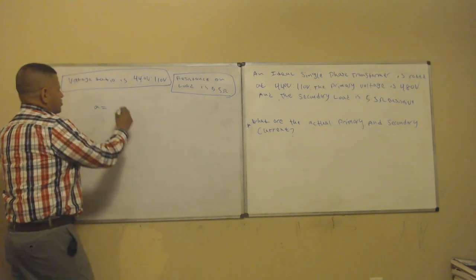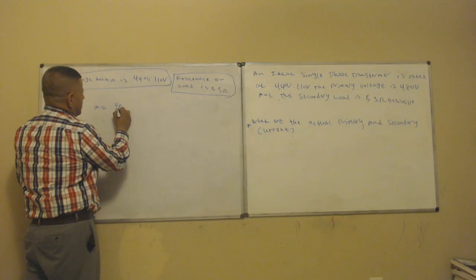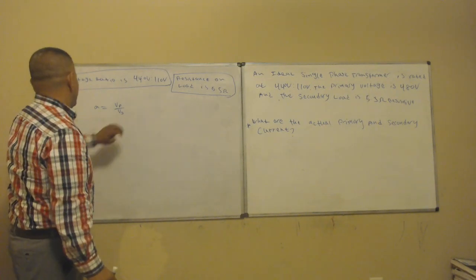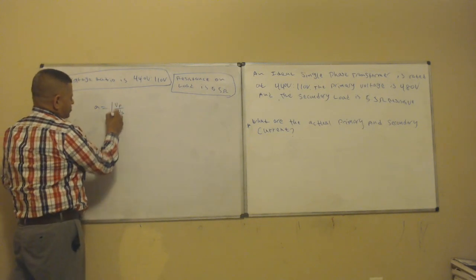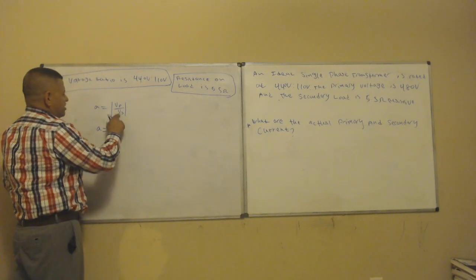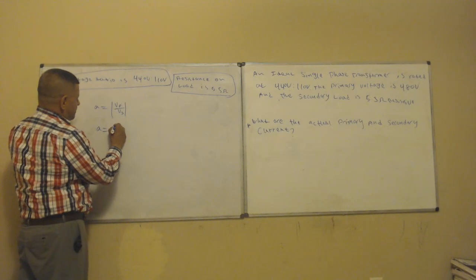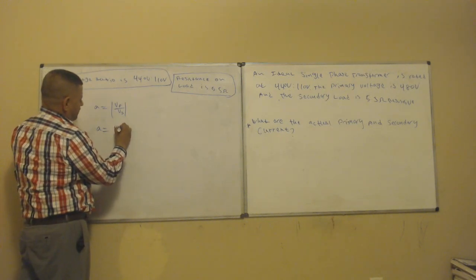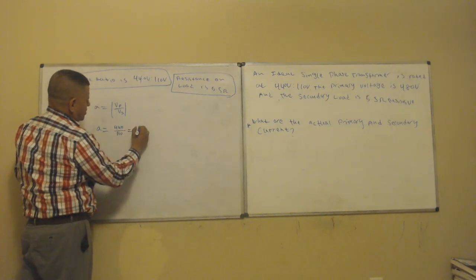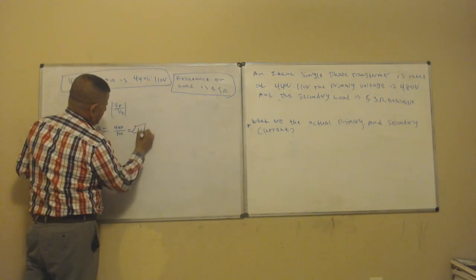So in this case, it's going to be VP over VS, right? So a is equal to what? We're trying to find the ratio, which is going to be 440 over 110, which is 4, right?